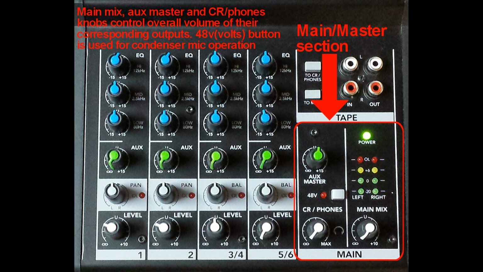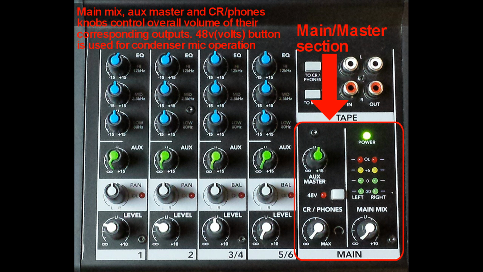You'll also notice that there are meters in the form of those red, yellow, and green lights, and those let you know how loud your main output is and when you are within the overload limits. So if the red light lights up, you are doing what's called clipping, and that is bad. So you want to stay away from that.